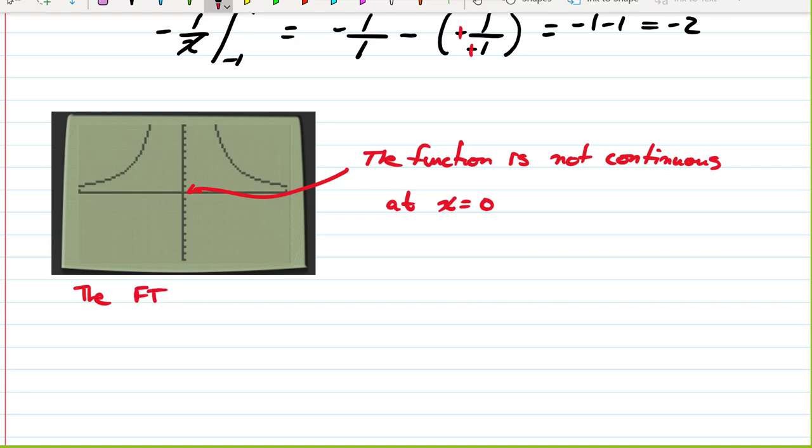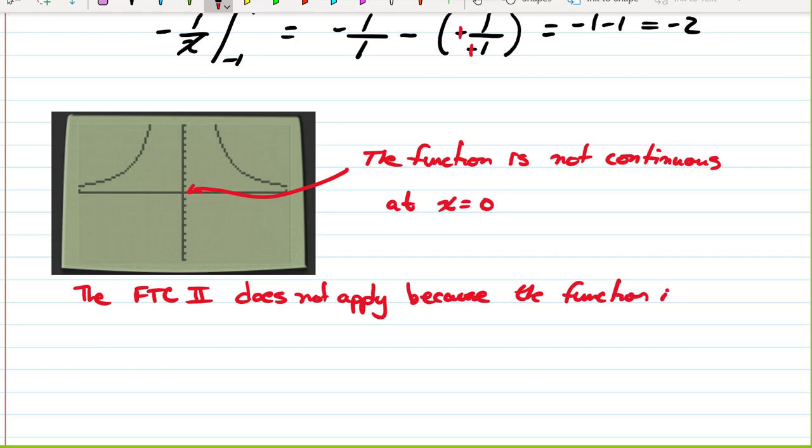So the FTC Part 2 does not apply because the function is not continuous on the interval -1 to 1.